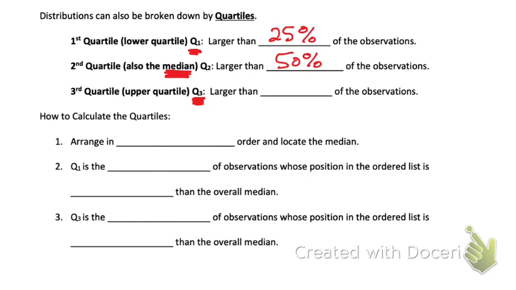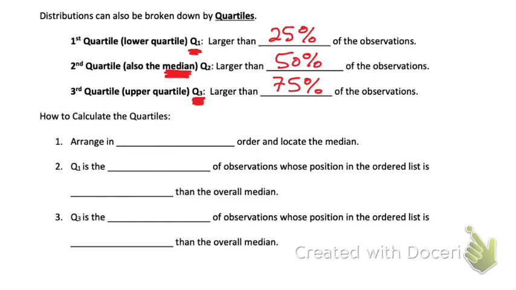It is larger than 75% of the observations. What would be the fourth quartile? So it would be the maximum number. I'm going to keep calling it the maximum. So median and maximum are going to still be what we call it.